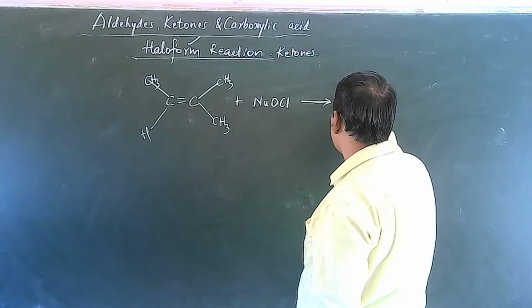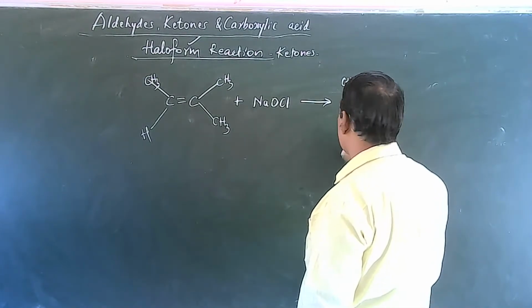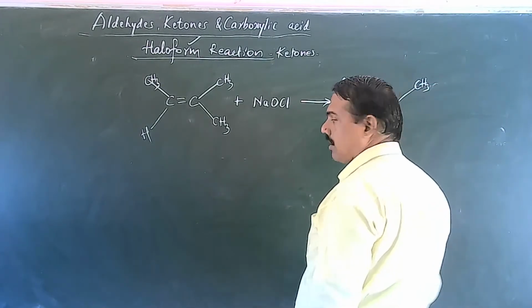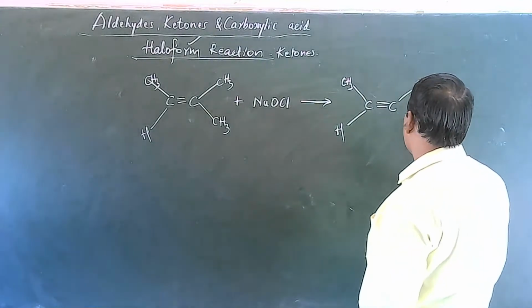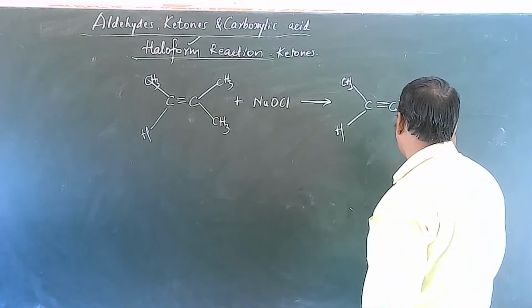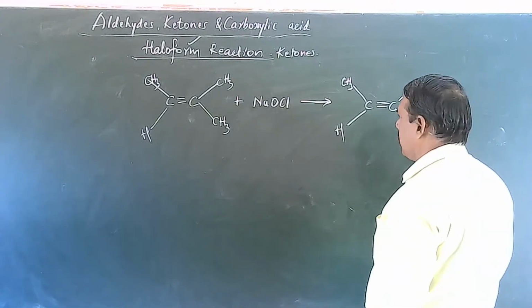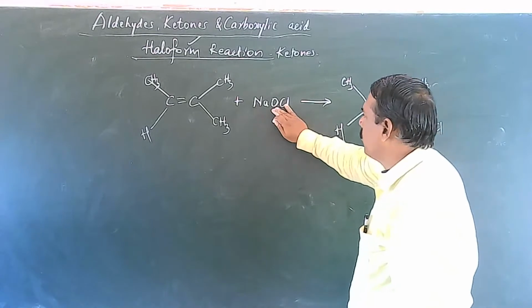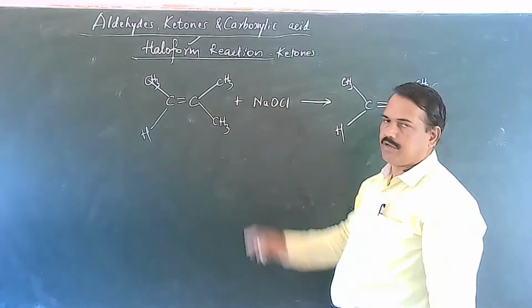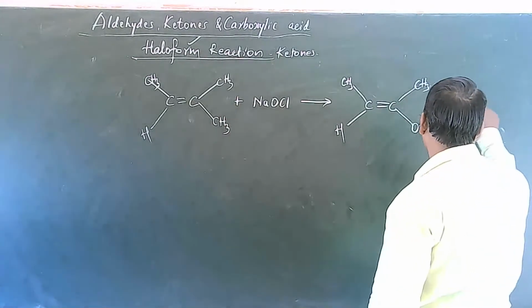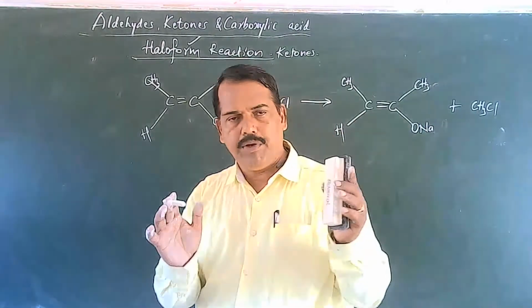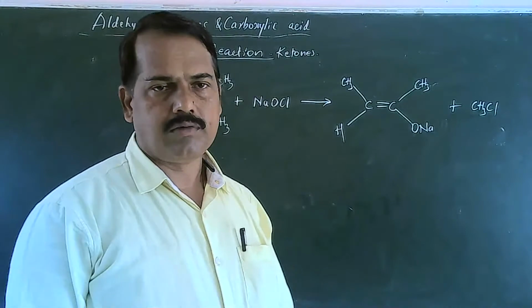CH3, again C double bond O, and this is H, and this will become CH3. Are you clear? And plus this complete one here, NaCl, that means ONa, and this complete CH3 element, and we will get CH3Cl. See, the complete methyl group is eliminated.